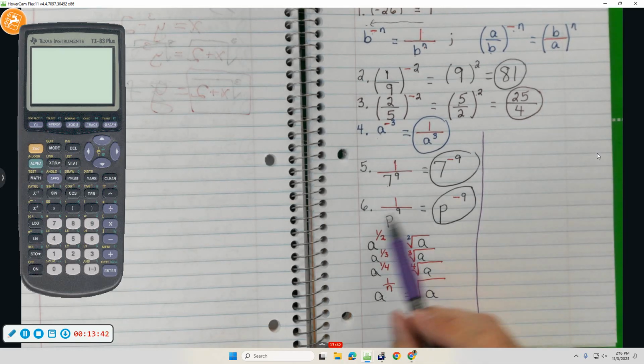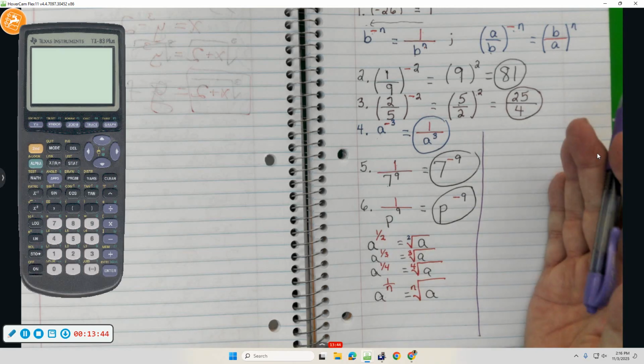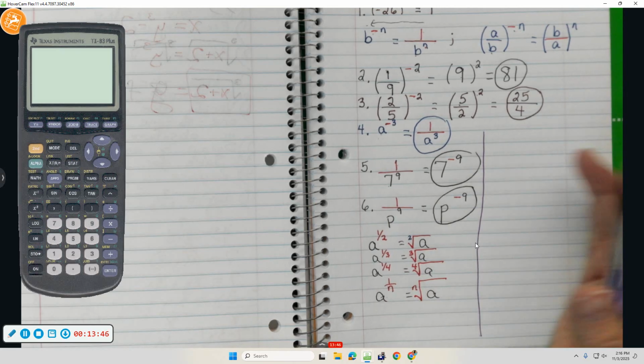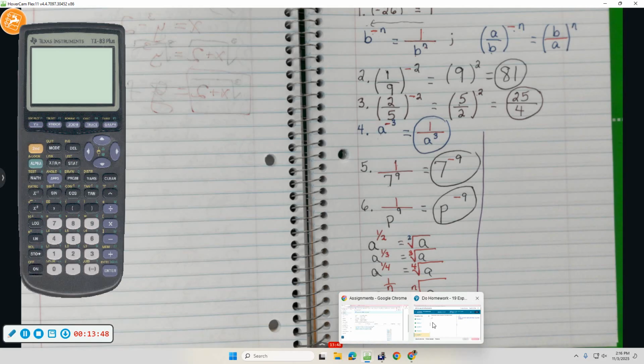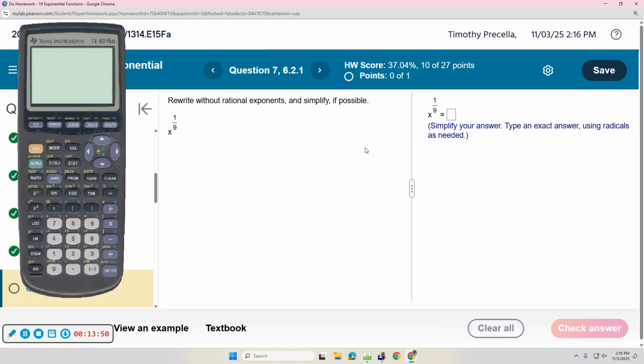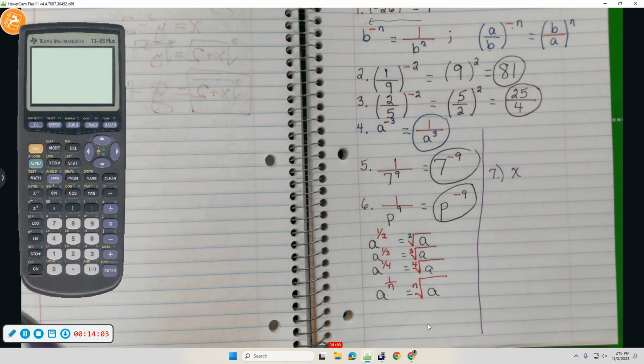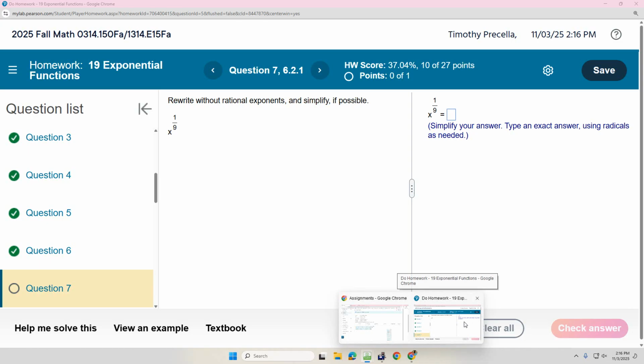Since I've written all of this right here, I'm going to do problems 7 and 8 right here, so I can be looking at those. Problem 7 says, Rewrite without rational exponents. I don't really like the way the formatting looks there, the way they write the 1/9 vertically.